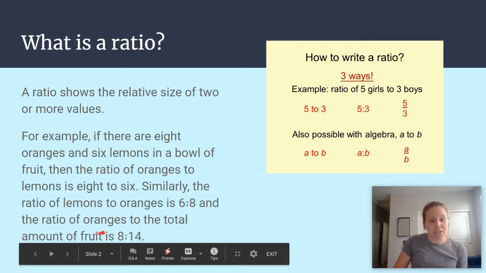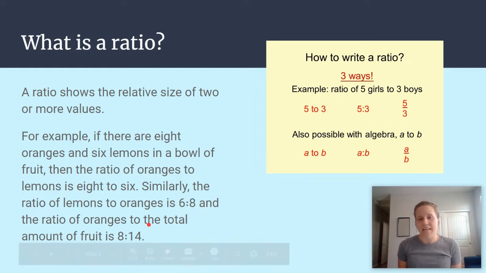And the ratio of oranges to the total amount of fruit is 8:14. Where did that 14 come from? What does it represent in the problem? Yes, 14 came from the sum of 6 and 8. It represents the total number of pieces of fruit in the bowl, right?